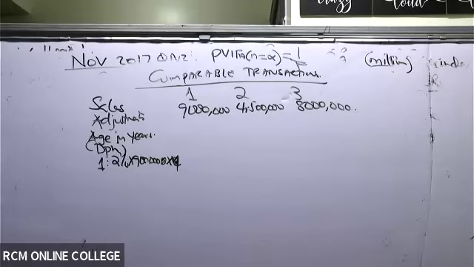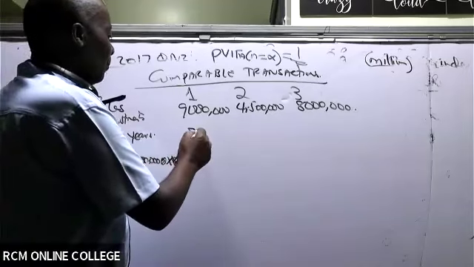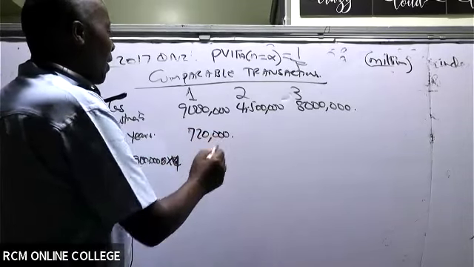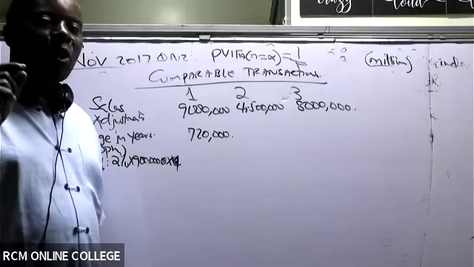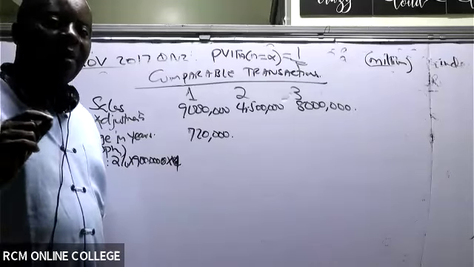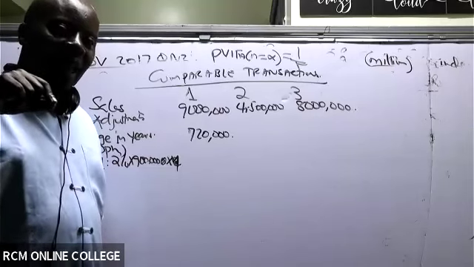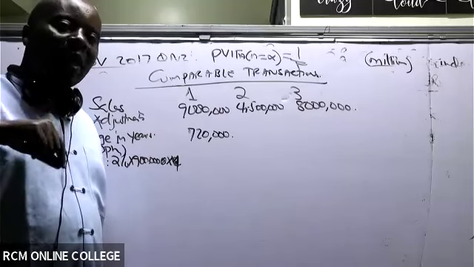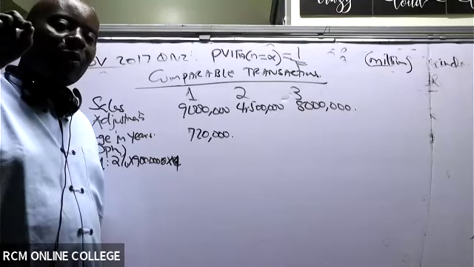According to Samuel, it is 720,000. So this 720,000, should it be positive or negative? Remember, our existing property is much newer. I would want these older properties' values to match mine.